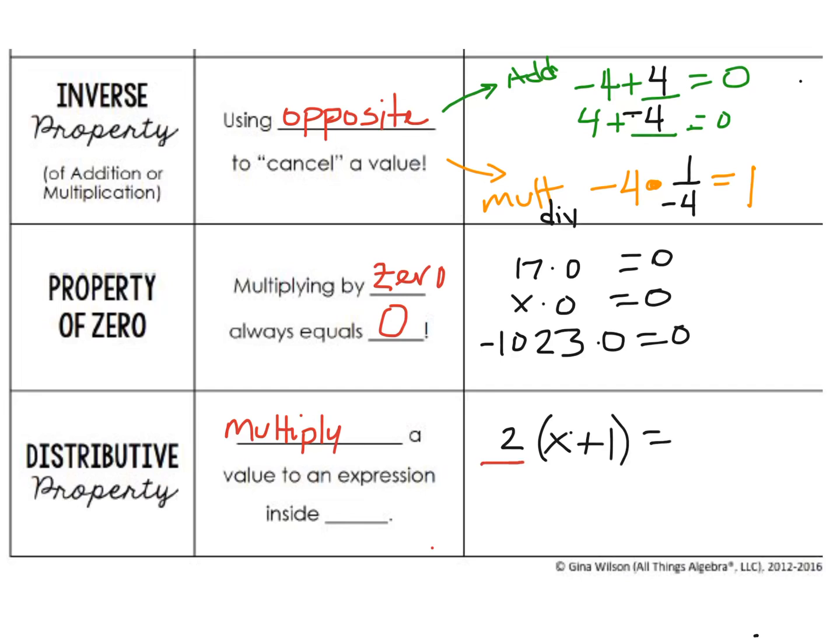So I'm going to multiply this value that's on the outside to everything that is on the inside of the parentheses. Okay, so if you want to write that word also, parentheses. So to show my work, I'm going to do 2 times x is 2x. Change colors. 2 times 1 is a positive 2. And that's my answer.